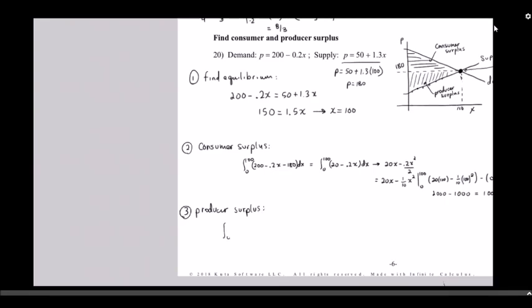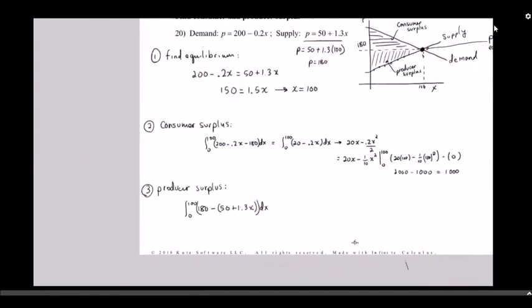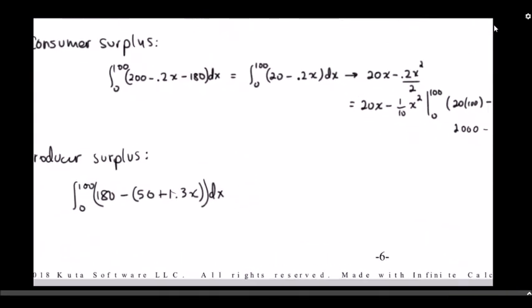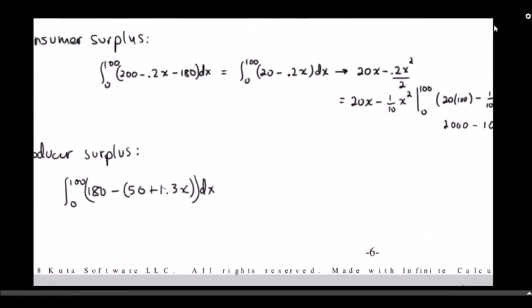There's going to be the same integral from 0 to 100. Now the top function was the market price, 180. Now we subtract the supply function, which is 50 plus 1.3x. So this results in the integral from 0 to 100.